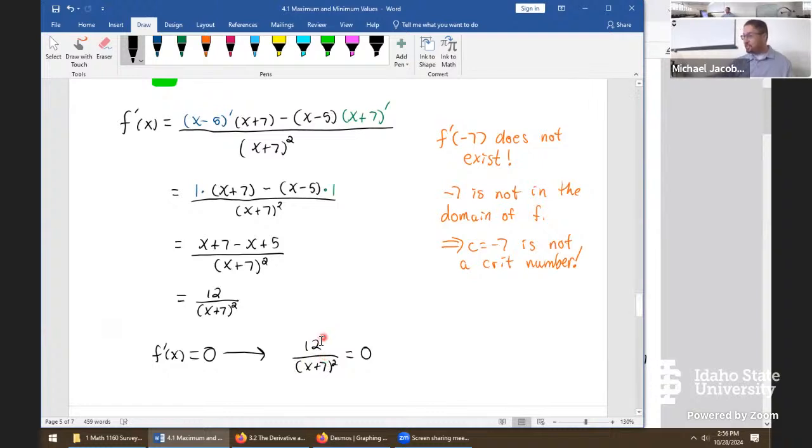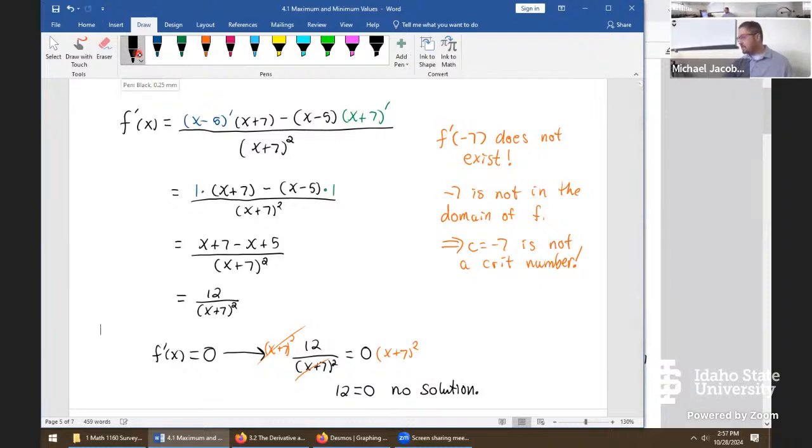Now that's a really special equation because the only way an equation like this is actually true is if the numerator itself results in a 0. The reason is you can immediately just multiply the right-hand side of this equation by x plus 7 squared. Same on the left-hand side. Causes a cancellation going this way. And now you have an equation that goes 12 equals 0. Well, there's no solution to that.